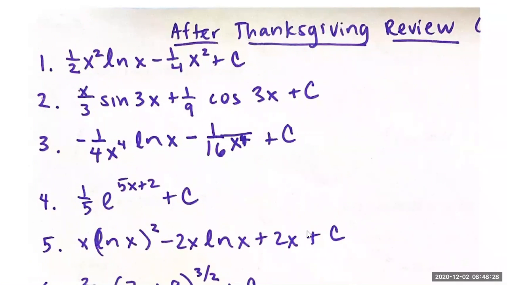Oh, is there an extra 4 here that's not supposed to be here? Is that what it was? You got that answer? Or you got the first term, but not the, okay, let me see.